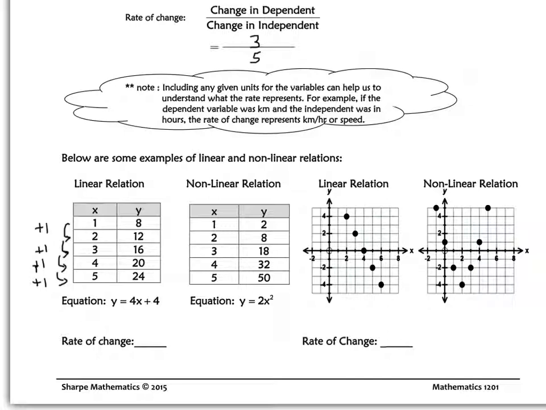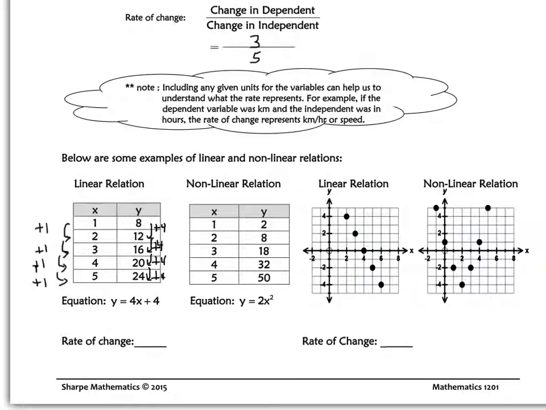So if we look at the y's in the table, they're all going up by 4s. From 8 to 12 is 4, 12 to 16 is 4, 16 to 20 is 4, you're adding 4, and 20 to 24, you're adding 4.